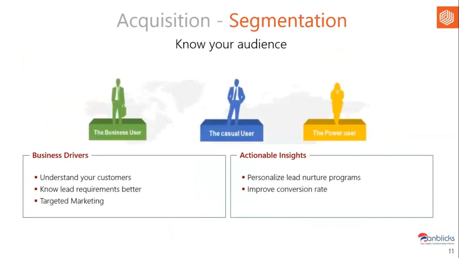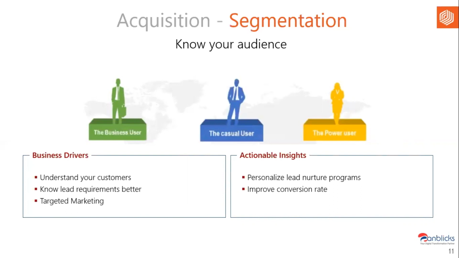The concept of segmentation, a part of the acquisition phase, slices and dices your audience to simplify your understanding of the customer base. For instance, if we take the image on your screen as an example for a mobile phone company, we can understand that there are three basic personas in their audience.